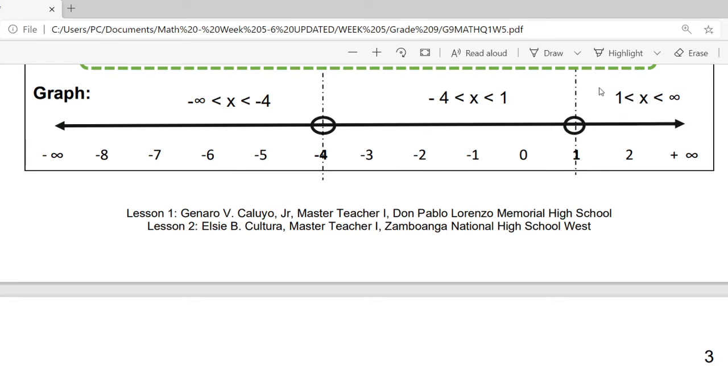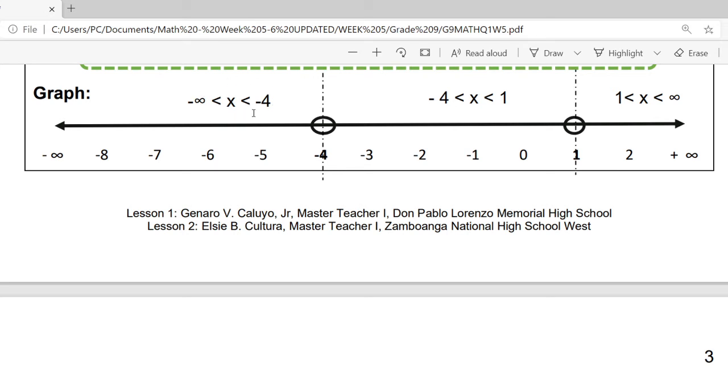In this interval here, it should be greater than 1. So these are the numbers greater than 1 but less than infinity. So you can let that be x, greater than 1. What are the numbers greater than 1? 2, 3, 4, 5, 6, and so on. Less than +infinity. So this can be any number here because that is continuous.